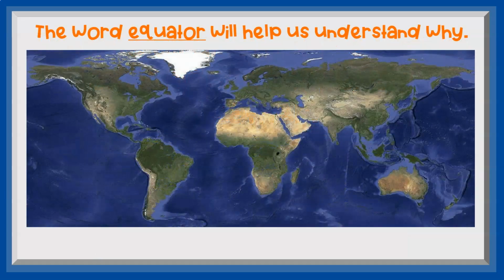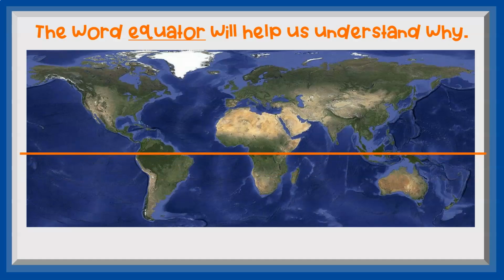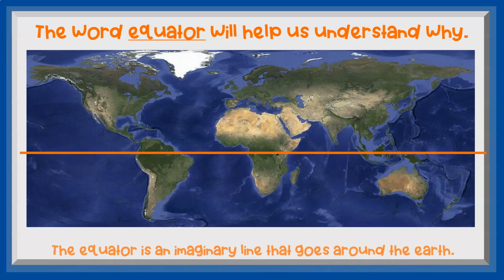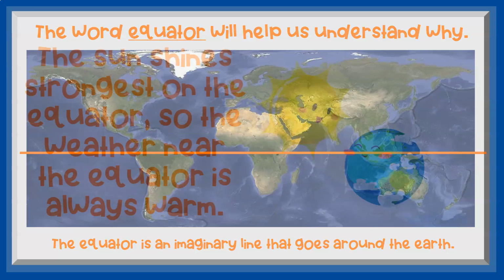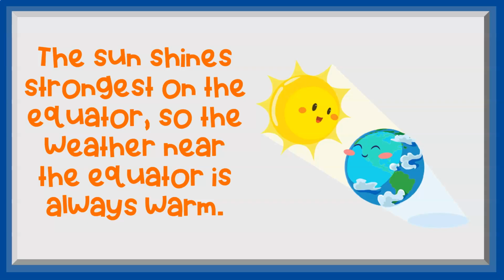The word equator will help us understand why. The equator is an imaginary line that goes around the Earth. The sun shines strongest on the equator, so the weather near the equator is always warm.